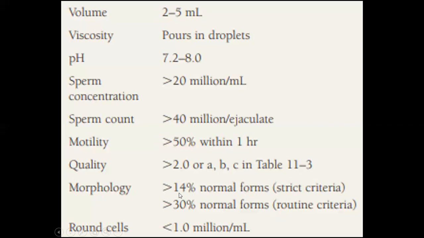So I will be discussing this in detail later. Now, round cells are those cells found in the stained specimen other than your sperm cells. So this might include WBCs or your immature sperm cells. So this should be less than 1 million per ml.